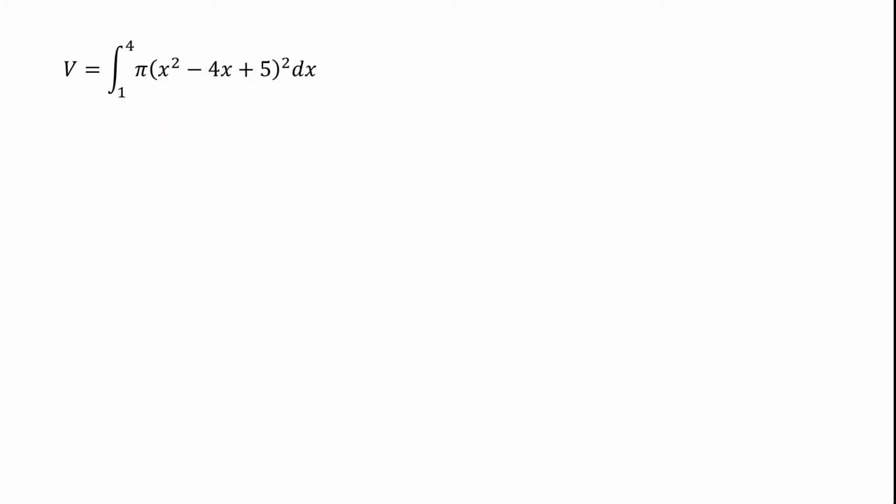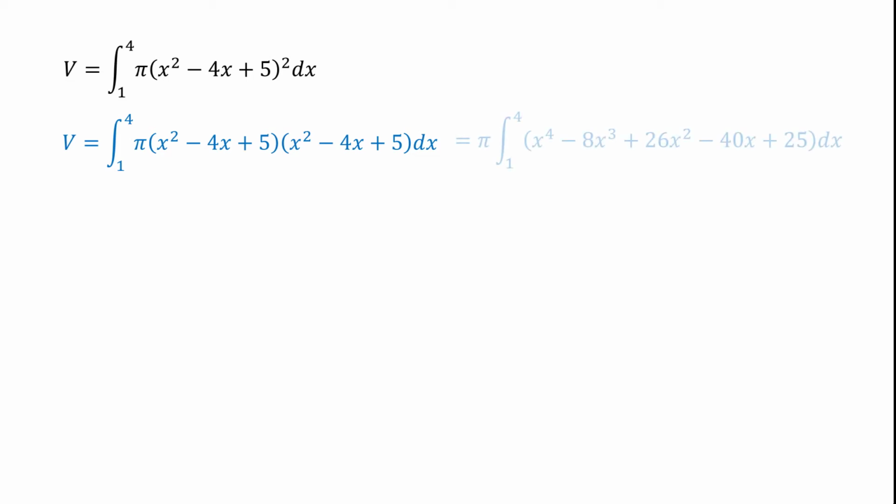Let's perform the integration. We need to square that quadratic. So we'll have that the volume is equal to the integral from 1 to 4 of pi times the quantity x squared minus 4x plus 5 times the quantity x squared minus 4x plus 5 dx. Multiply that out and simplify. When we rewrite, we'll pull the pi out to the left of the integral.